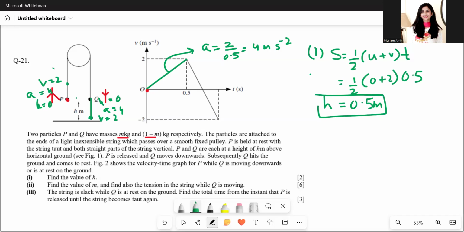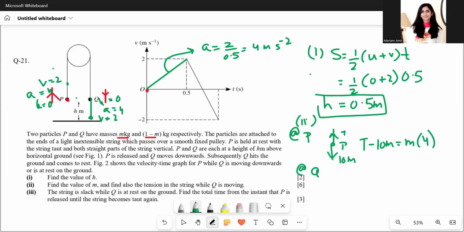Next is find the value of M and find the tension in the string while Q is moving. Looking at P, there's an upward force of tension and a downward force of weight, which is going to be 10M since its mass is M. So at P, the equation is forward force minus backward force is equals to MA, and A is 4.